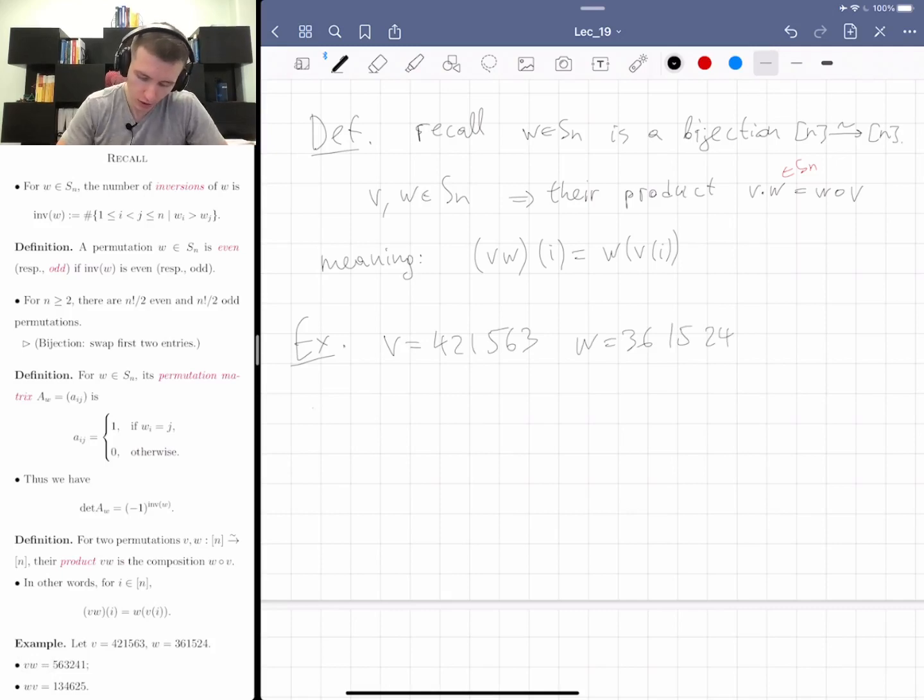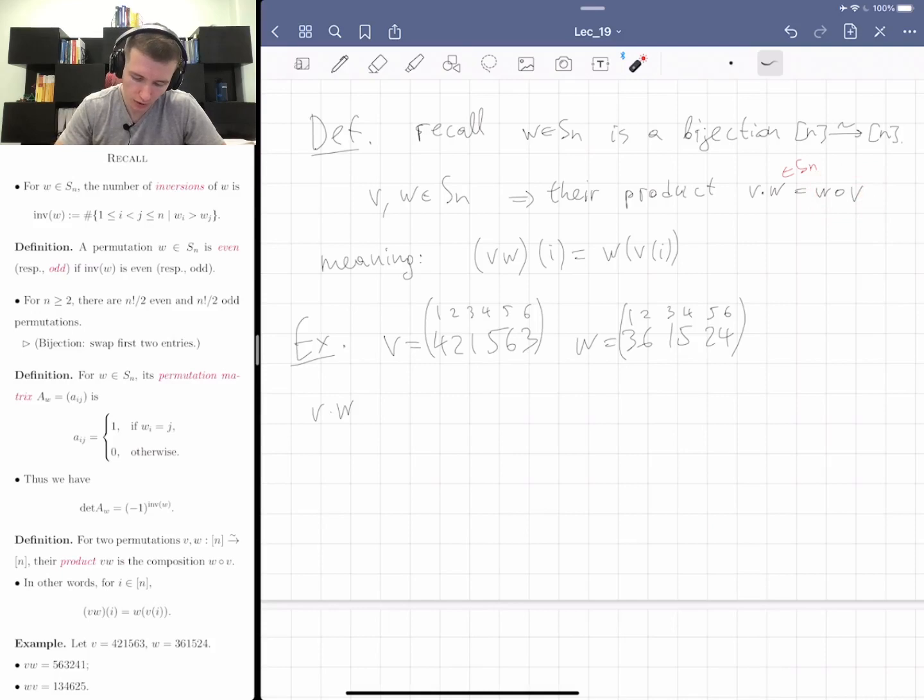So let's say I want to compute V times W. The way I do this is I draw each of them in two-line notation. 1, 2, 3, 4, 5, 6. 1, 2, 3, 4, 5, 6. And what I mean by V times W is that you first apply V, and then you apply W, because that's the rule for the composition. If you have a composition of functions, then you first apply V, and then you apply W to that.